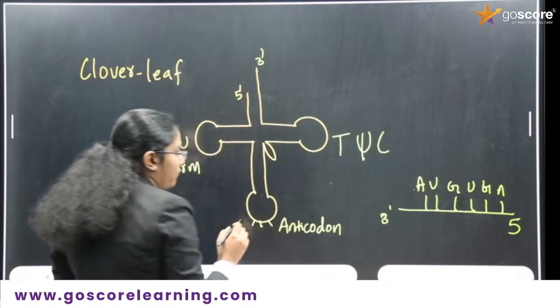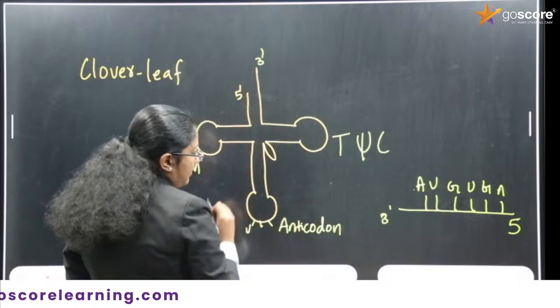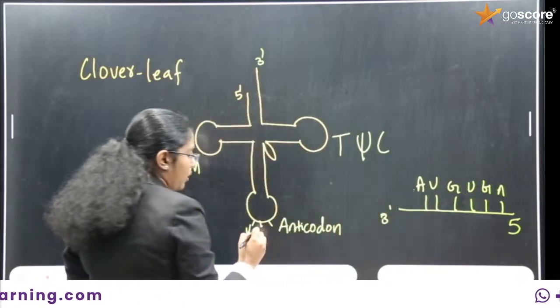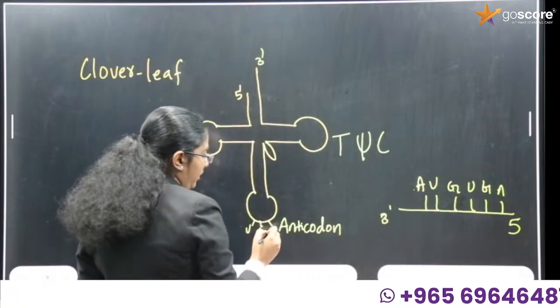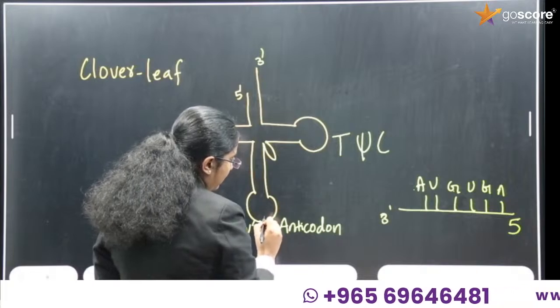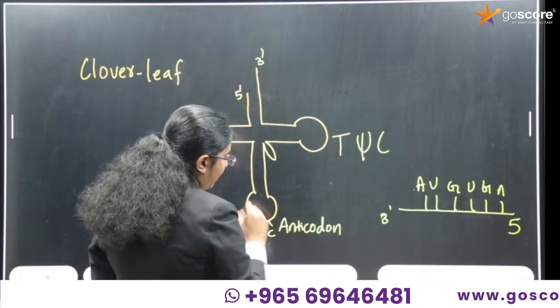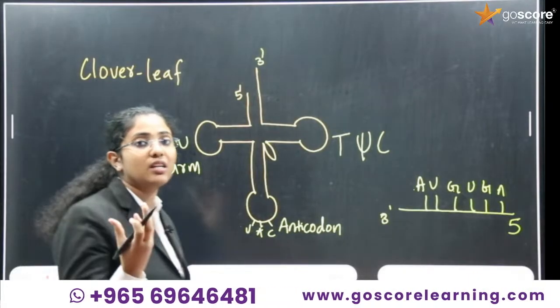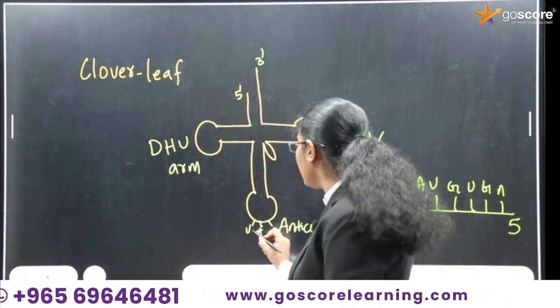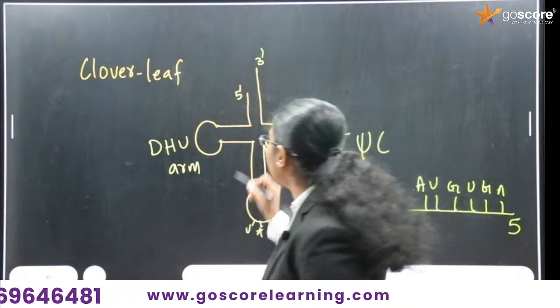Adenine will pair with uracil, uracil will pair with adenine, and guanine will pair with cytosine. So the anticodon will be UAC, and the 3' end.